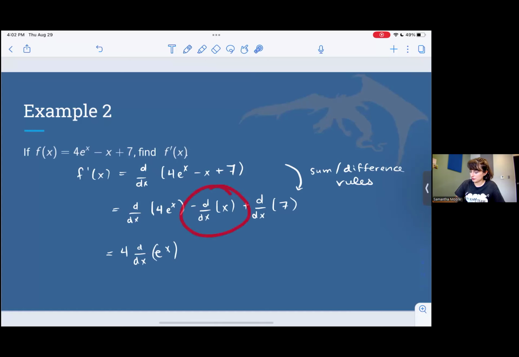For the derivative of x, I can use the power rule, right? Because this is x to the first. So I can bring down the 1, and then I'm left with x to the 0. And this last derivative is the derivative of a constant function, and we said those were 0. So again, the only rule that I used to go between those lines was the constant multiple rule.